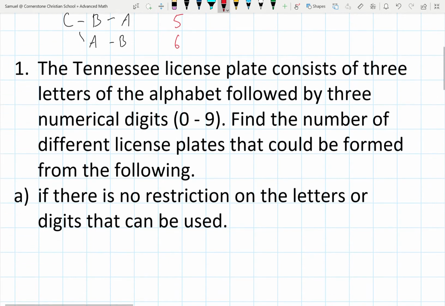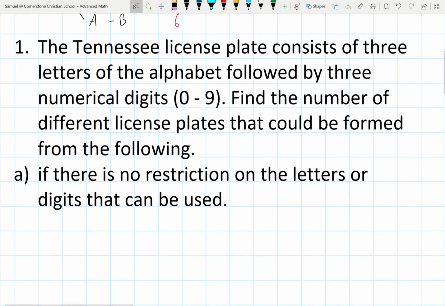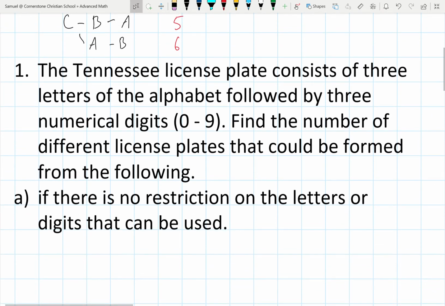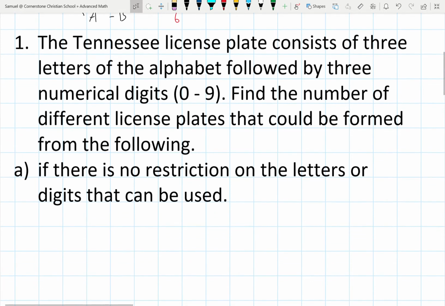So for this first example, a Tennessee license plate consists of three letters of the alphabet followed by three numerical digits, 0 through 9. Find the number of different license plates that could be formed from the following. First, A, if there is no restriction on the letters or digits that can be used.